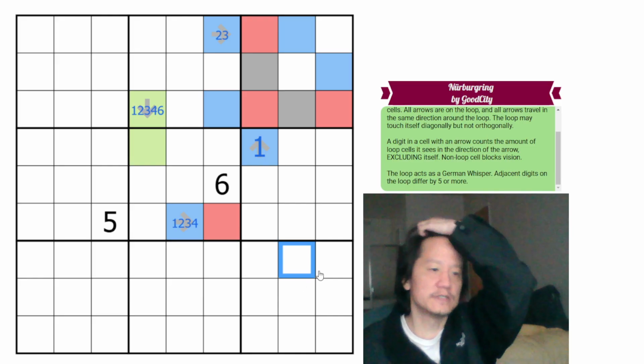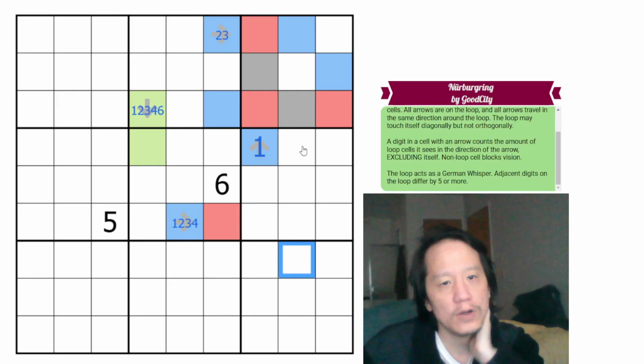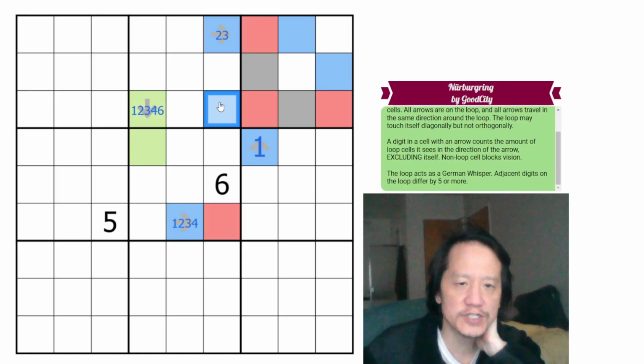Now, the thing is, anytime you have an alternating loop, if you get to it, it has to maintain the same set, right? So say this was continuing on here and went green, then blue, then red, this would have to be blue.